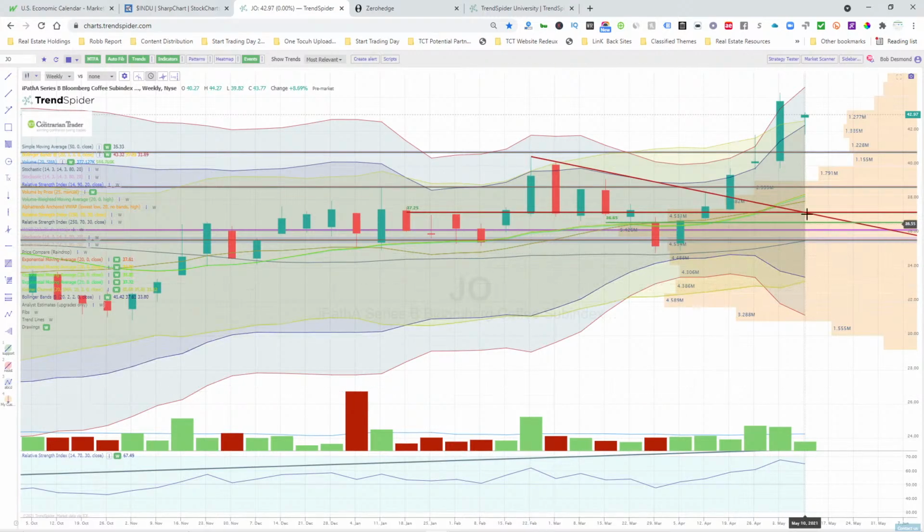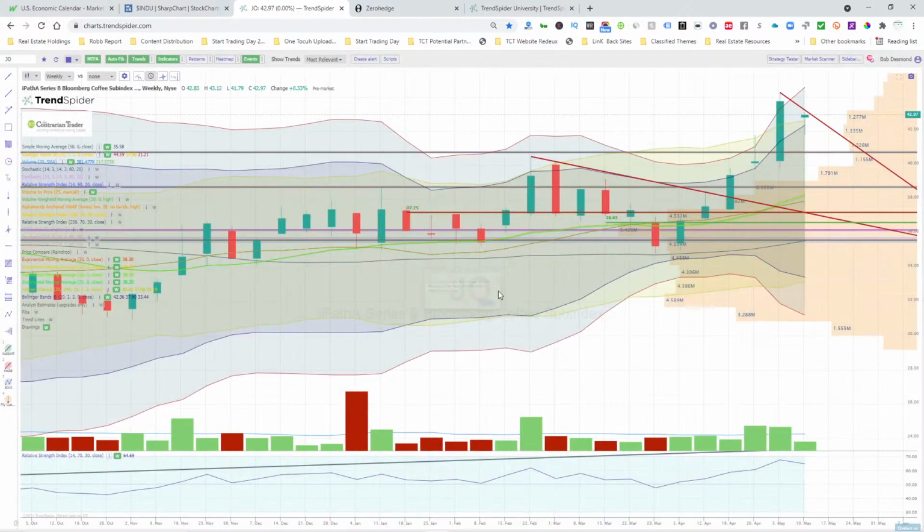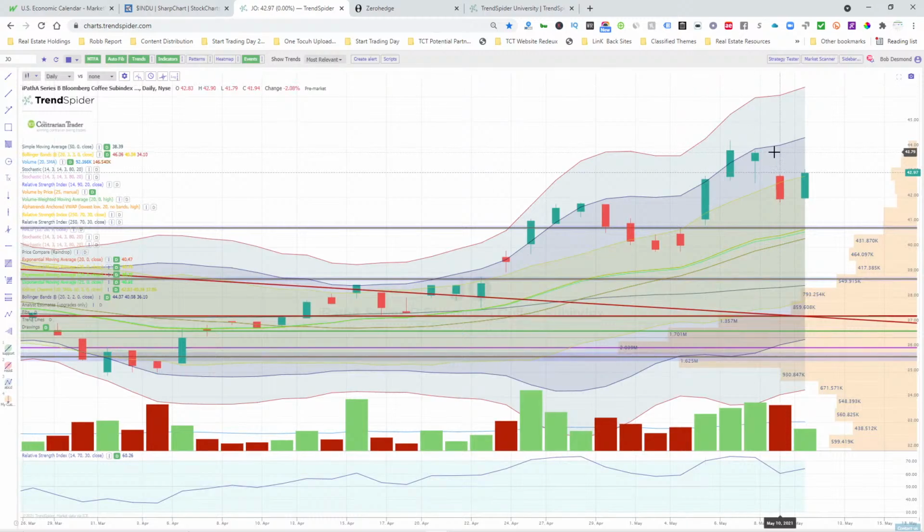Our alert is set. Let's set one up here as well on a new weekly breakout. I don't know why it won't let me set an alert there.